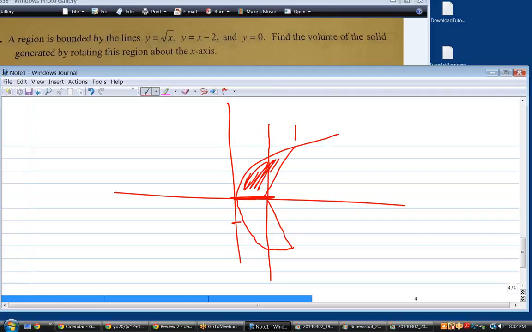From here to here, we got to use washers because we're going to have a big hole where this little indentation is here. If we tried to make this solid with a bunch of washers and discs of various radiuses, I could use discs on this part of it, but then I'd have to use washers over here. Well, this point right here is 2.